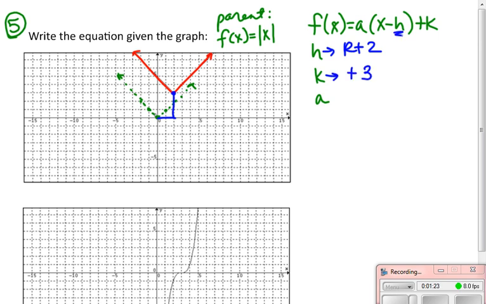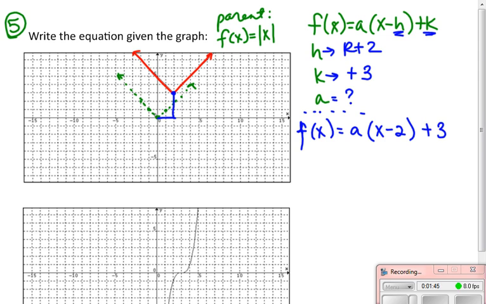So now I can go ahead and fill in those. These are two-step problems. So at this point I know that f of x is equal to a times the absolute value of x minus 2, because I'm going right, plus 3.